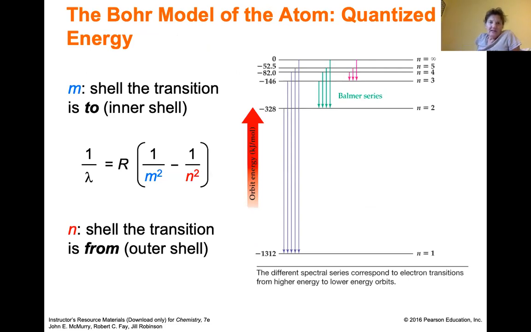So you'll put in the number, for example, the line on the very far left, the first one, it's going down to a 1, so m equals 1, and it starts out at 2, so n equals 2. And then you could look at each of those lines and decide what m and n are.